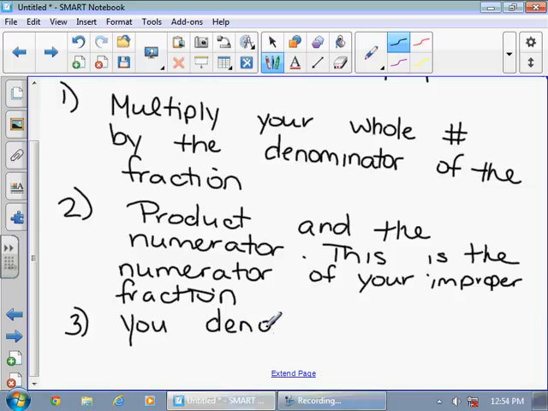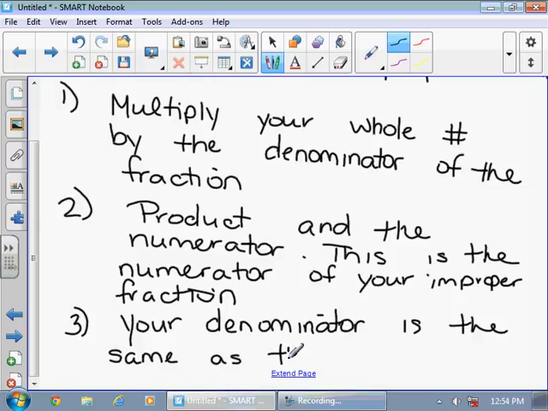And then your denominator is the same as the original denominator. And I want to stop right there because I ran out of room on my board.